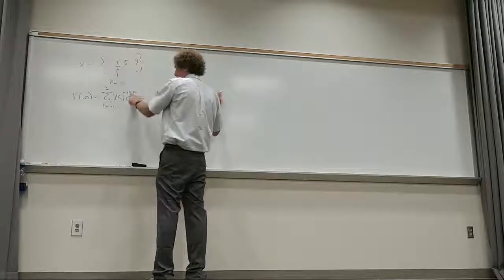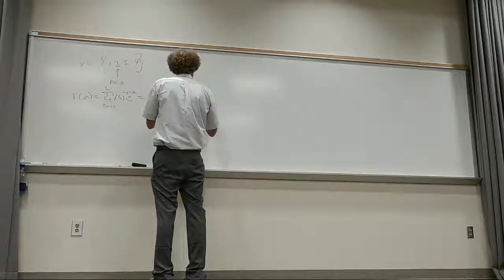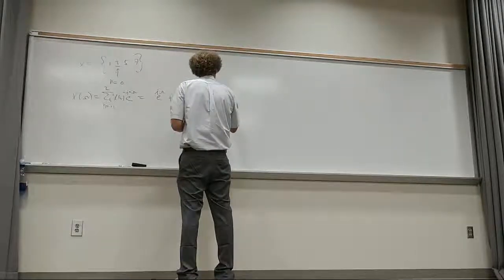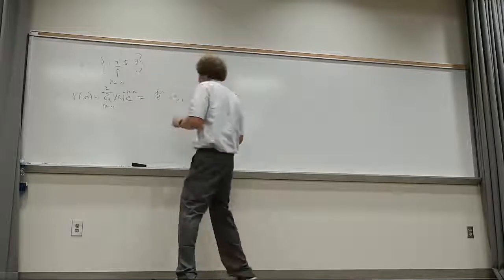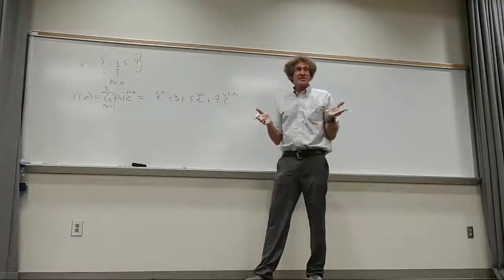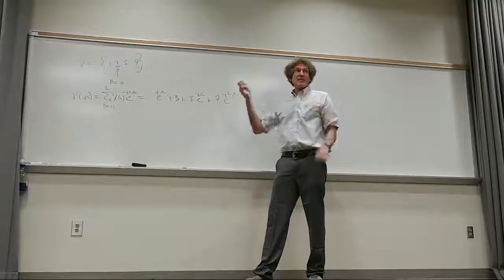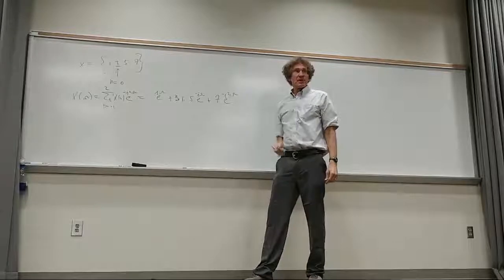And then when n is 2, it's going to be plus 7 times e to the minus j 2 omega. Are you with me? And that's it. That's all you do. I literally used the fundamental definition and I brute forced it.